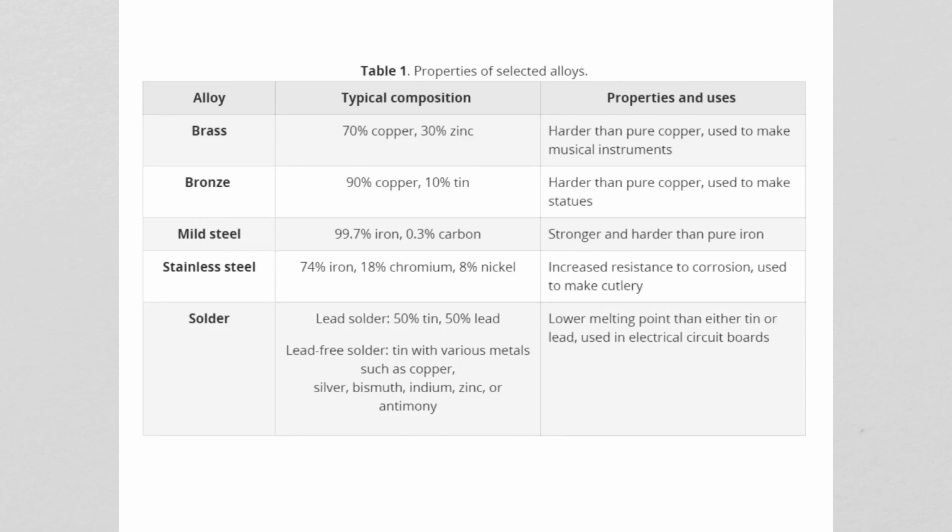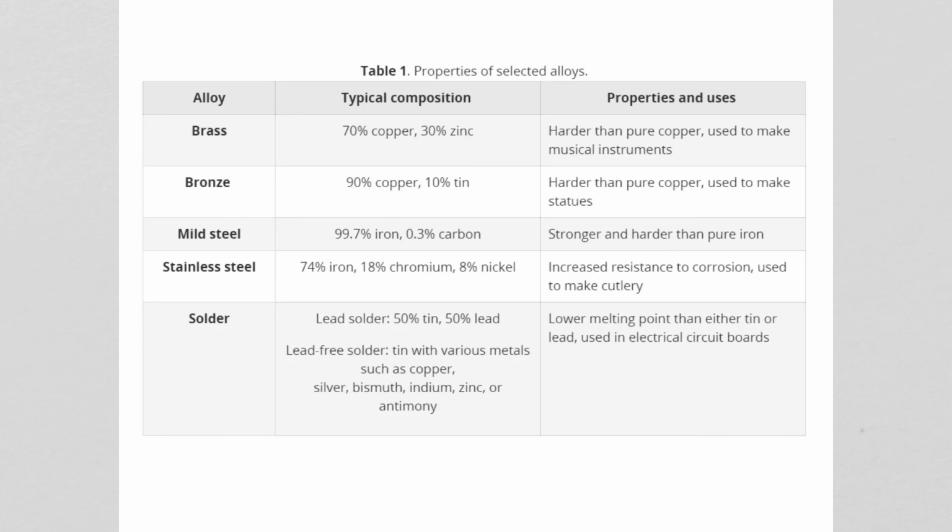Bronze is 90% copper and 10% tin. It's harder than pure copper, and it's often used to make statues. It also doesn't get that green patina that you would see on pure copper. Mild steel is 99.7% iron and 0.3% carbon. So that would be stronger and harder than pure iron.